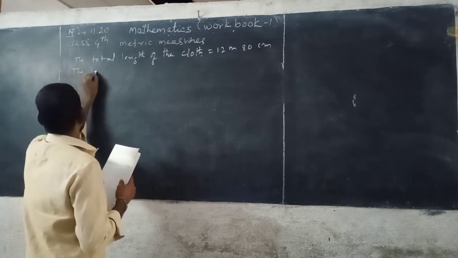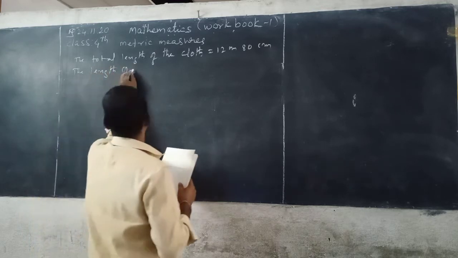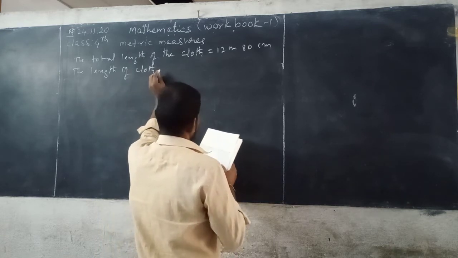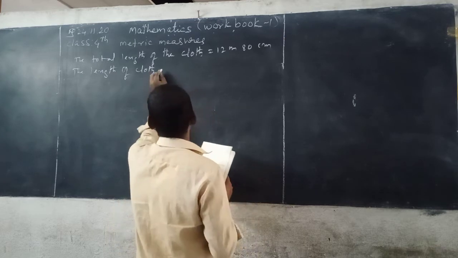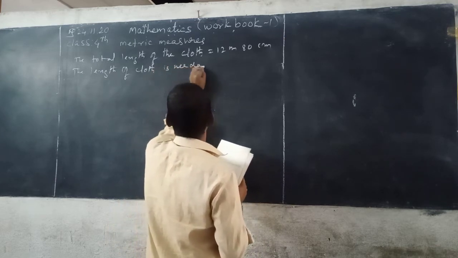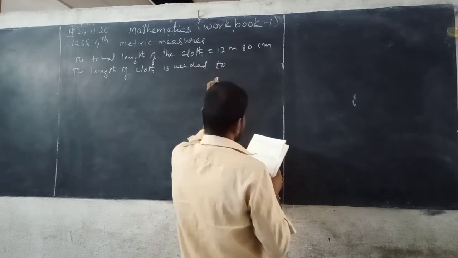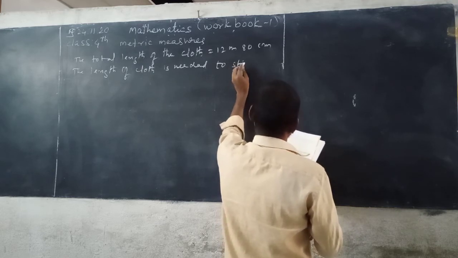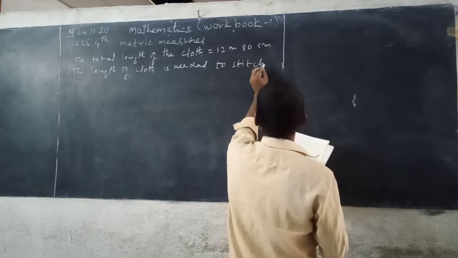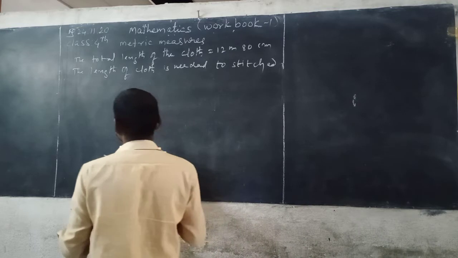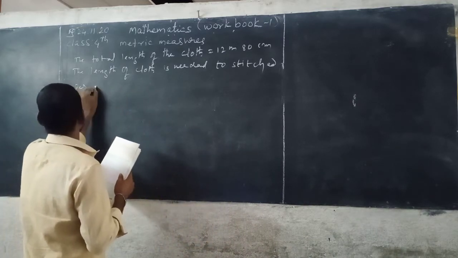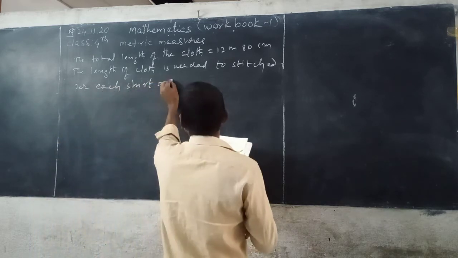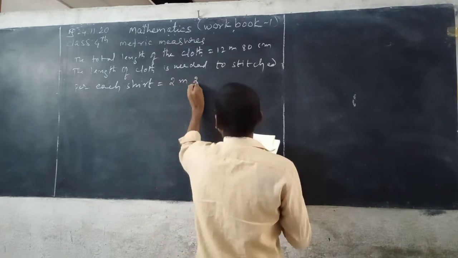The length of cloth needed to stitch each shirt is equal to 2 meter 20 centimeter.